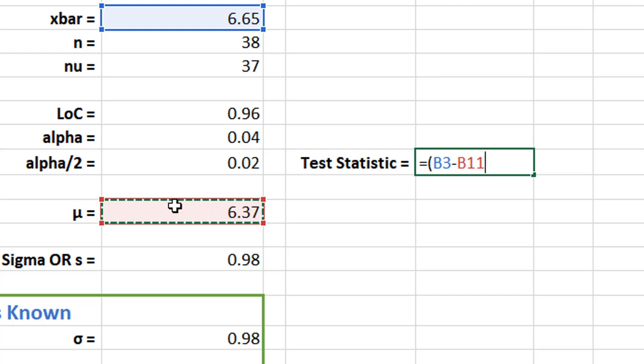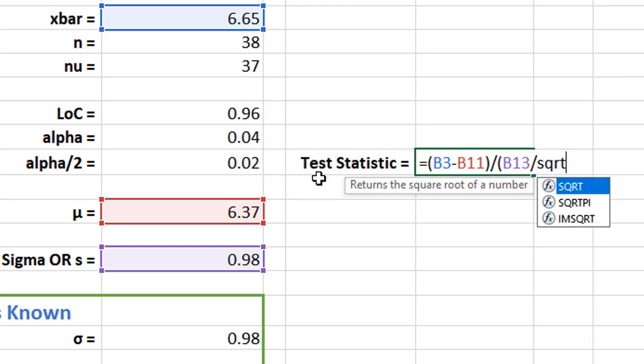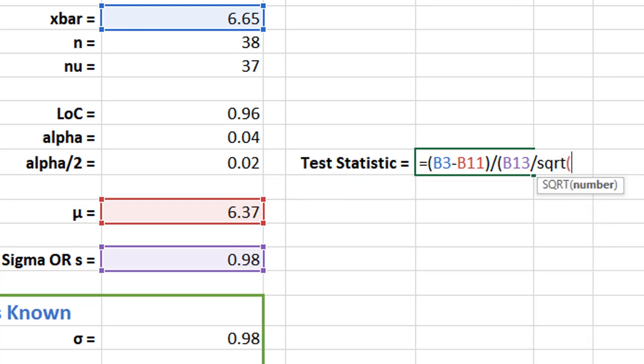Hey, and we're talking about cows. Mu. All right, bad joke. Close parenthesis, divided by, open parenthesis, sigma or S, it doesn't really matter. So I'm going to just click on this cell, the one that says sigma or S, divided by SQRT, that's what we use for square root, of n.